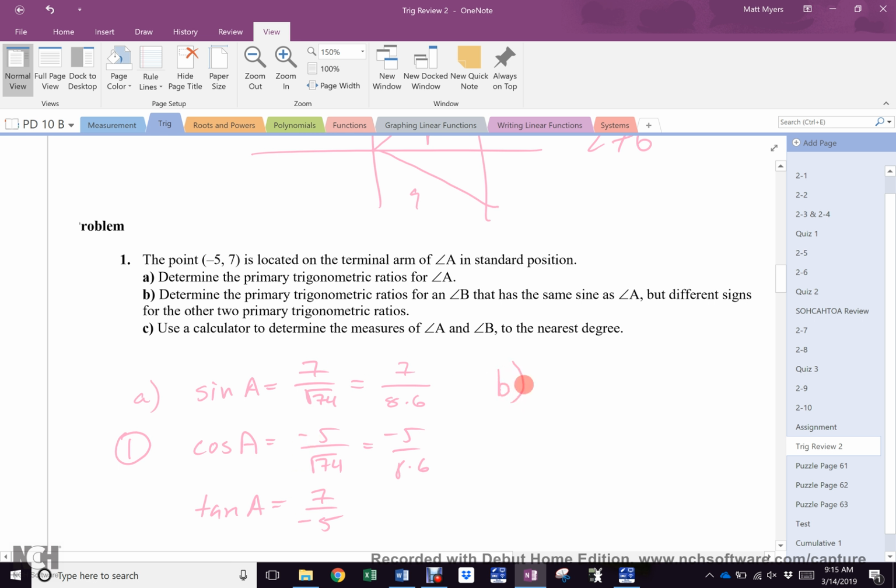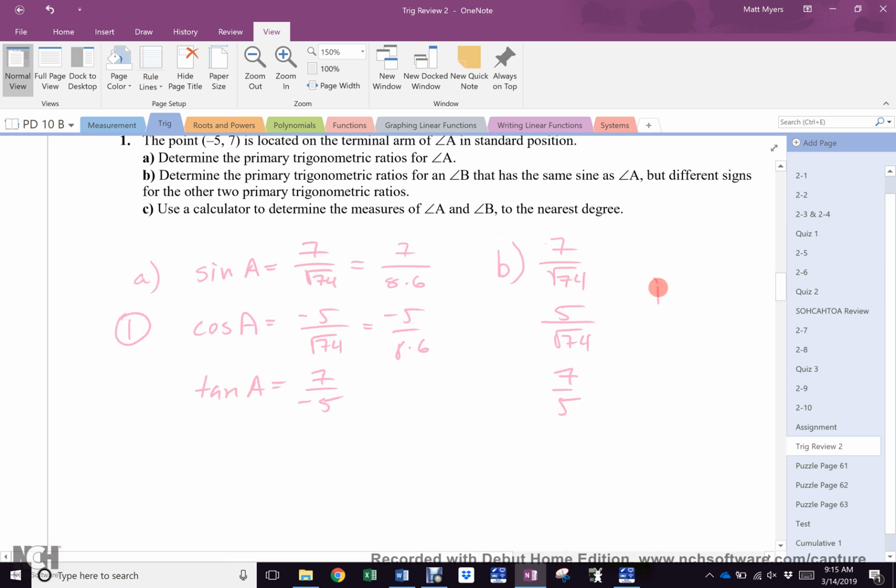B is 7 over root 74, 5 over root 74, and 7 over 5. That was out of 1, because it is only one piece of knowledge that you need.